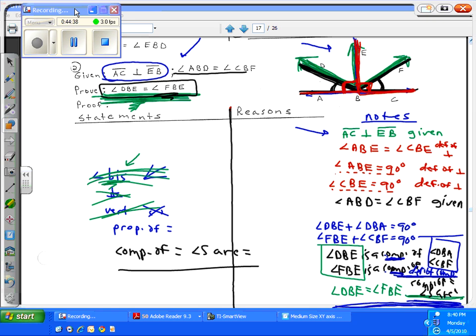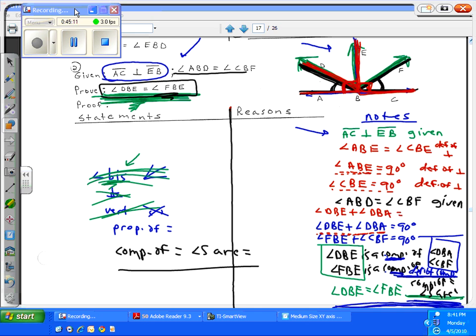There's that statement. And we know that this whole big angle, angle EBC, is 90, also by the definition of perpendicular. There's that statement. But somehow we need to get from angle ABE to these two. But we know that these two add up to angle ABE. We can see that in the picture, and what that is, is angle addition.